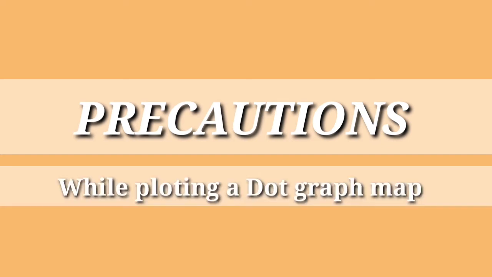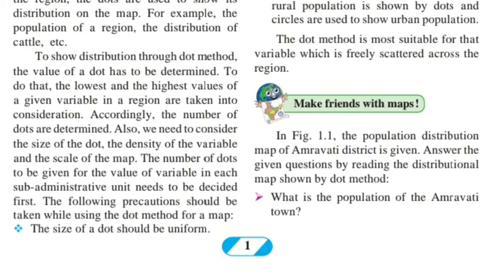Then there are some precautions which need to be taken while plotting a dot method map. There are three main precautions. First, the size of the dot should be uniform. Whenever you are using a pen for a dot method, the size should be completely uniform, and they should not vary.